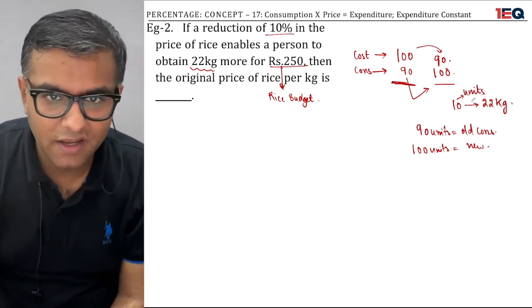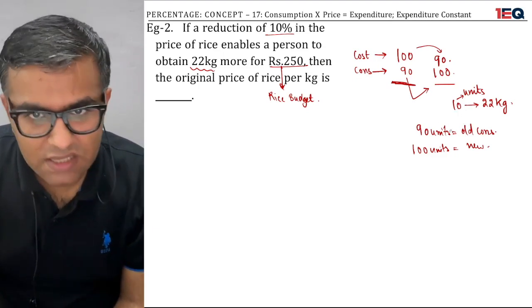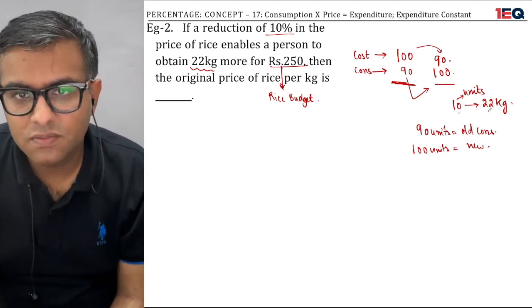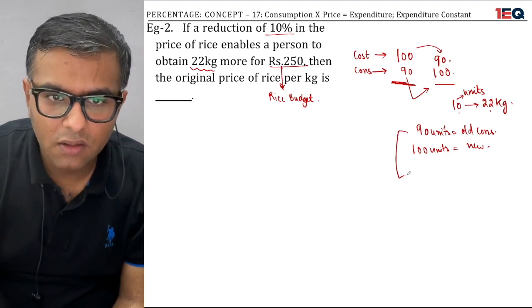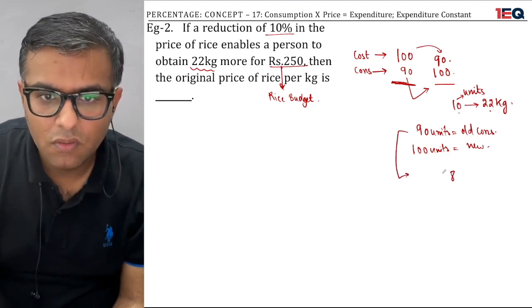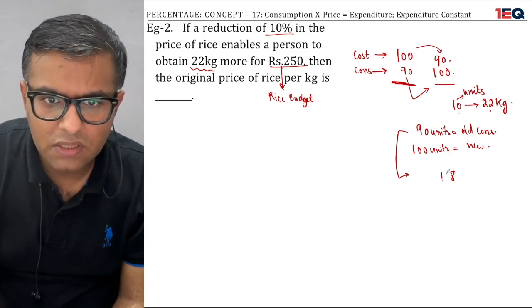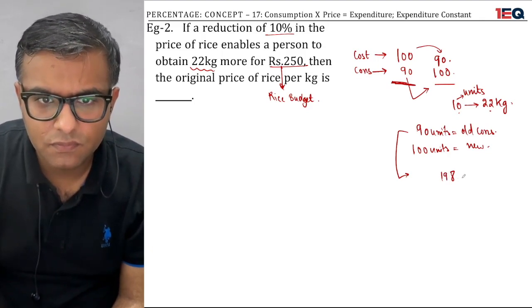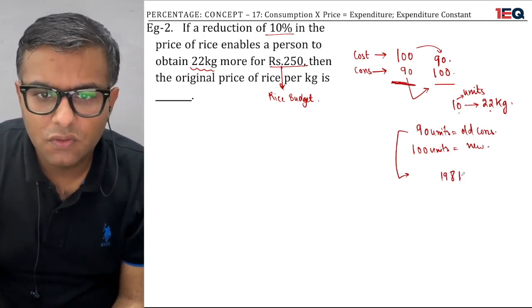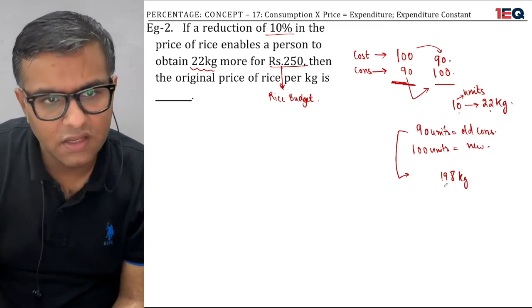Okay, again a pun. So the units are the same. So if 10 corresponds to 22, 90 would correspond to 189. No, no, 2 nines are 18, and 2 nines are 18, 198. Okay, so 198 kg of rice was being bought.